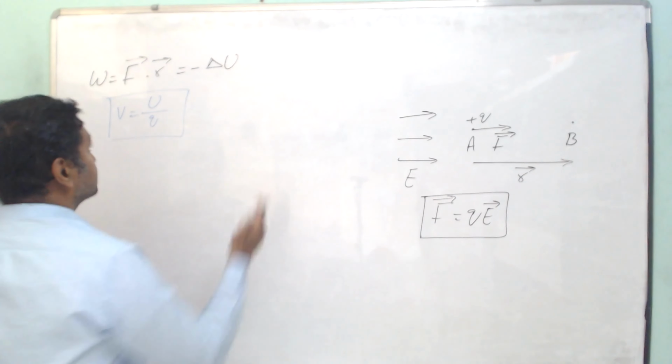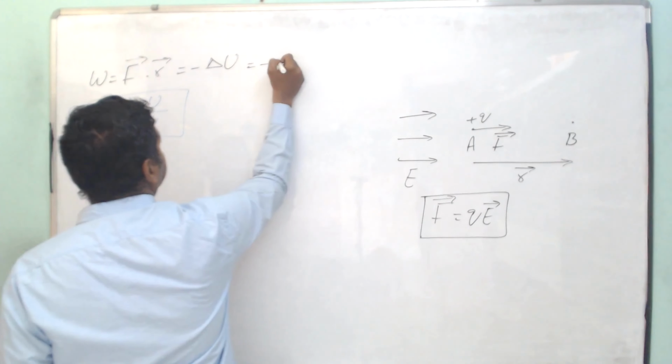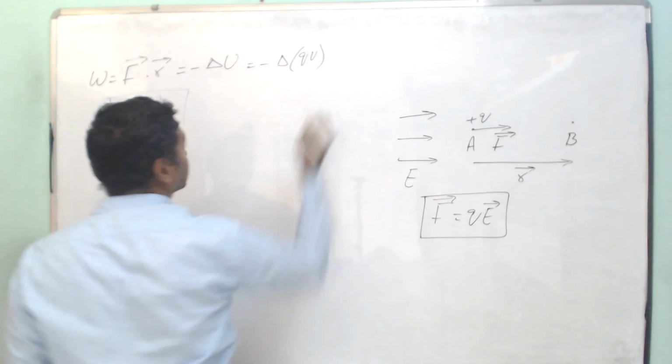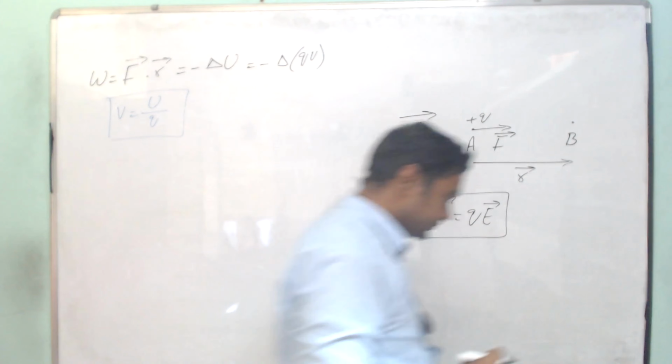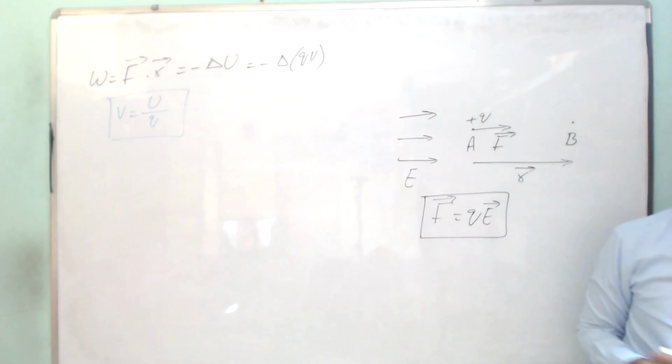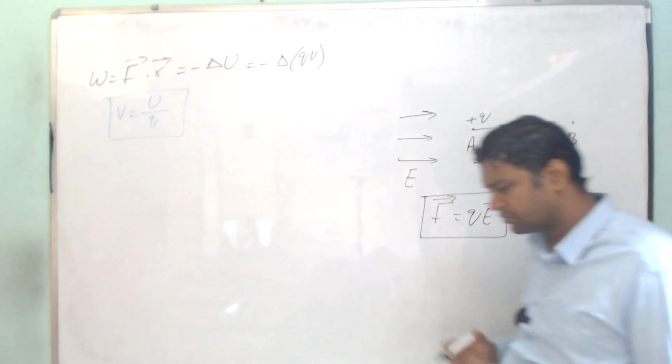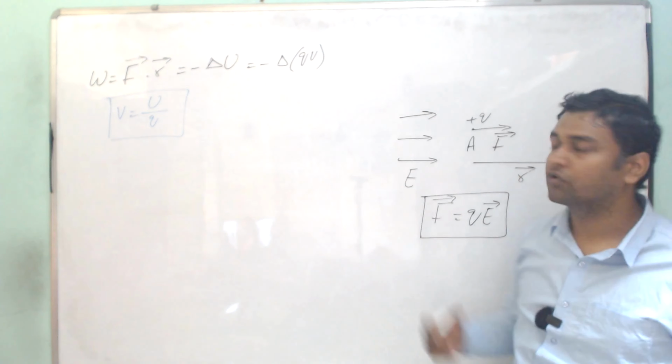So I will get minus of delta, and in place of U, I can write Q into V. Is this clear? We are coming closer to the same concept, but two expressions are involved with it.